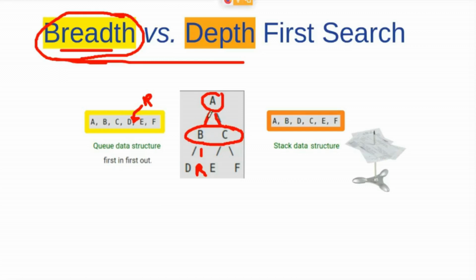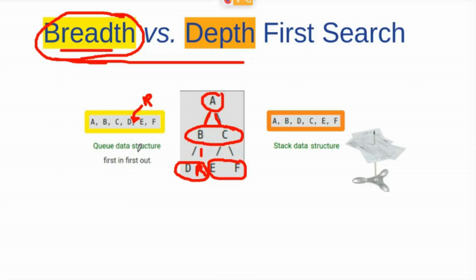That means that for every element in a level, I will assess all the neighbors at the following level. So the neighbors of A are B and C. Then what about the neighbors of B? D, R, and then I switch to C and I assess all the neighbors of C. That's why we use the breadth first search.